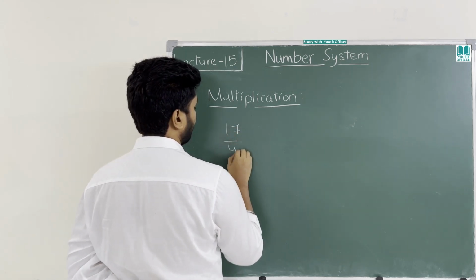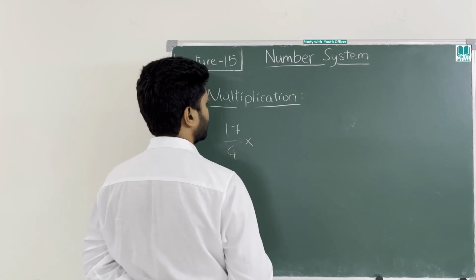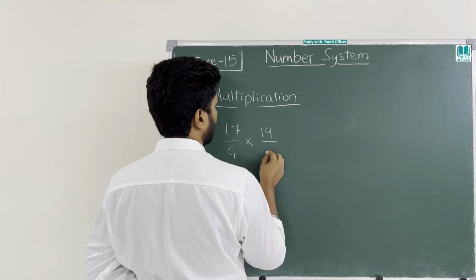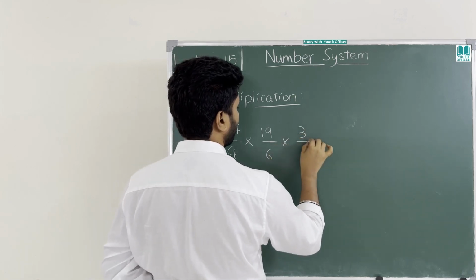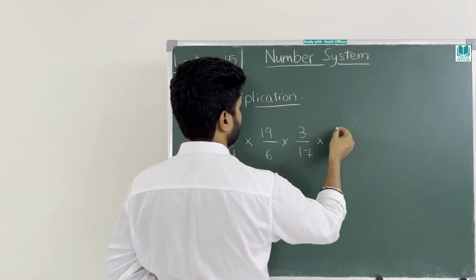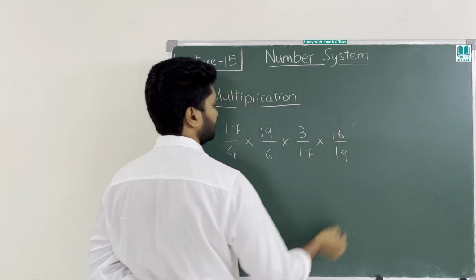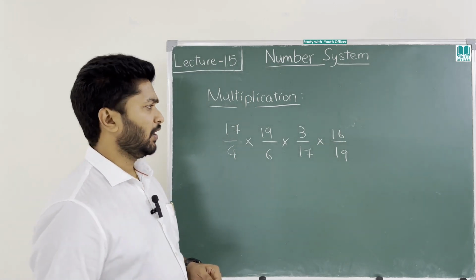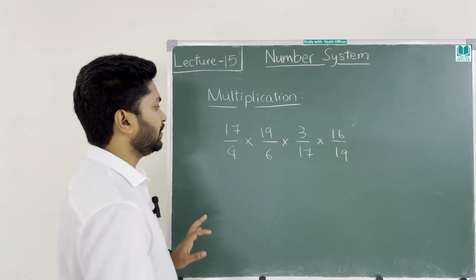17 by 4 into 19 by 6, into 3 by 17, into 16 by 19. If you take fractions like this, wherever you like, you can cancel, but you cannot cancel two denominators.